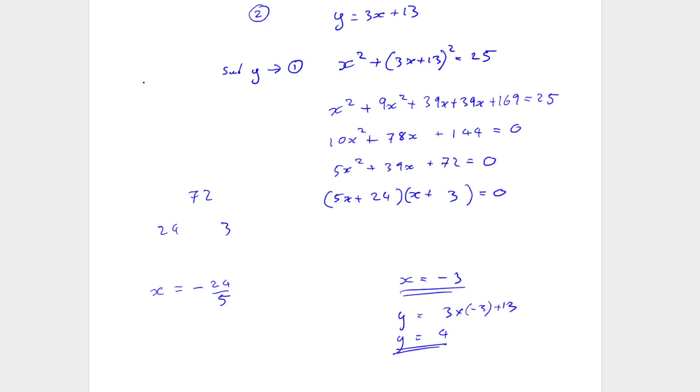My second pair then, so y would be equal to 3 times minus 24 over 5 plus 13.